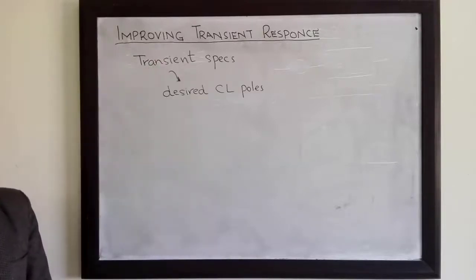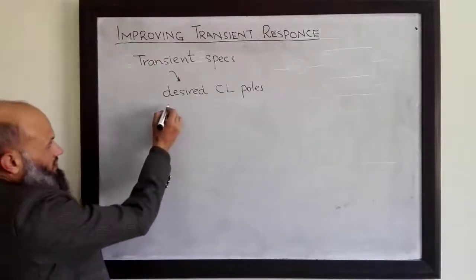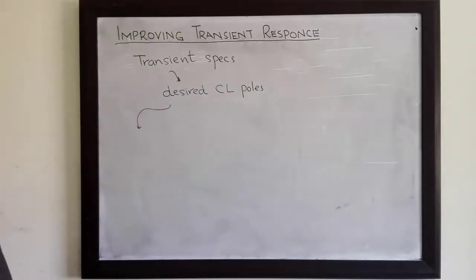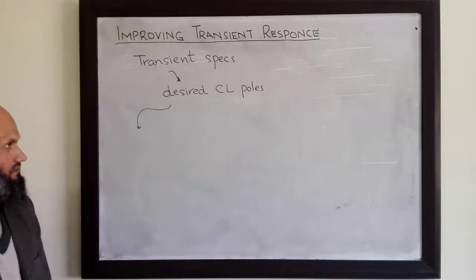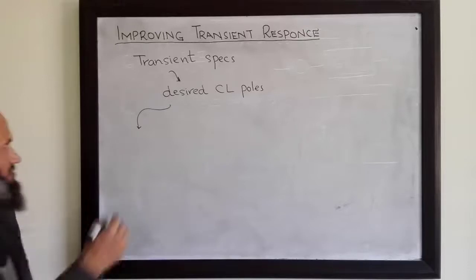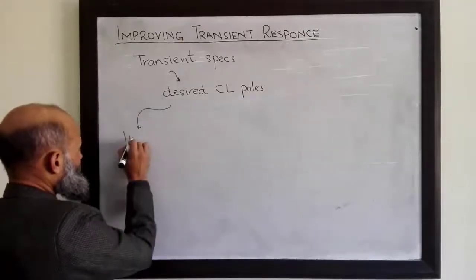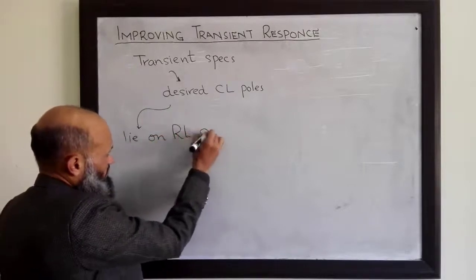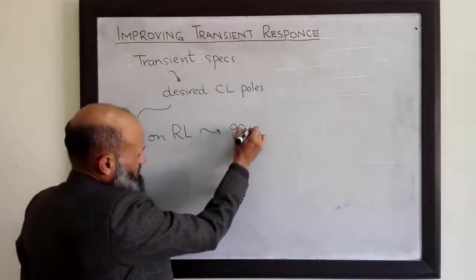If these closed loop poles lie on the root locus, then simply we can change the gain to achieve the desired transient specifications, and we have already talked about that procedure. If these desired closed loop poles lie on root locus, then gain adjustment.